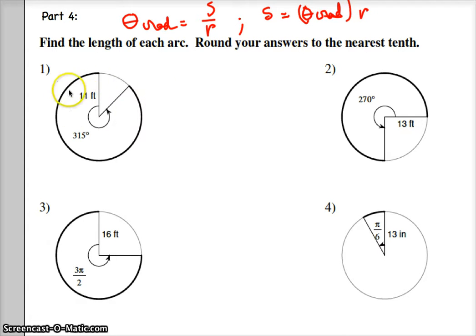So the arc length is outlined here for you in black. So the arc length is equal to 315 degrees. Because this is degrees, we must convert to radians. Remember, we do that by multiplying by pi over 180. And then we multiply that by 11 feet.